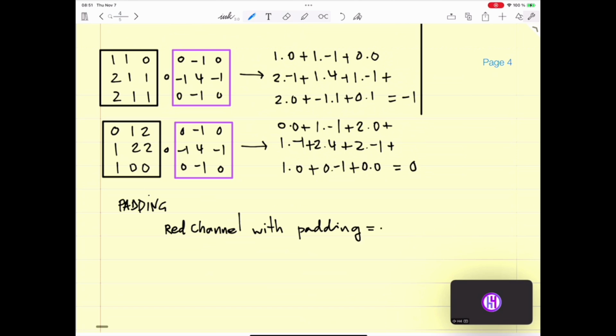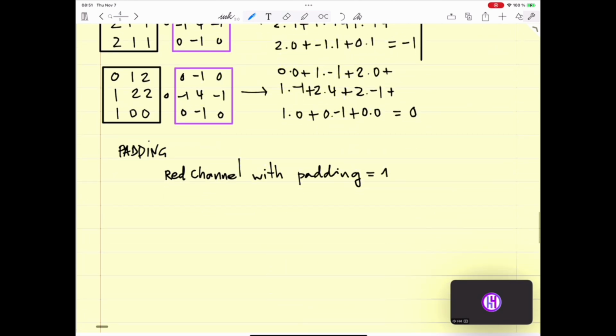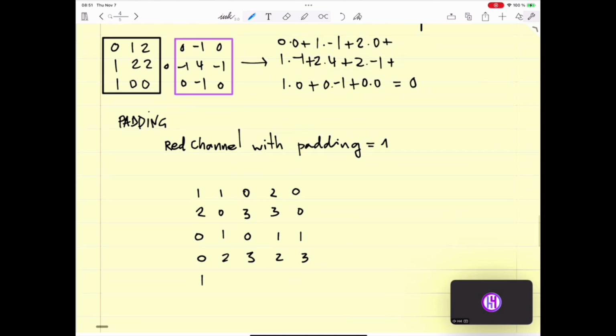equal 1, you get something like this: 1 1 0 2 0, 2 0 3 3 0. I don't know, some numbers: 0 1 0 1 1 0 2 3 2 3 and 1 1 2 1 0.